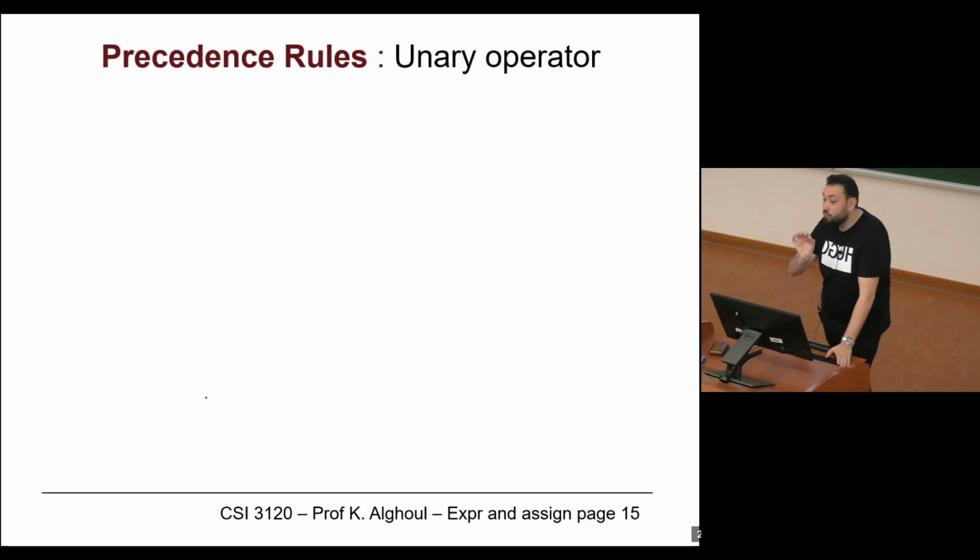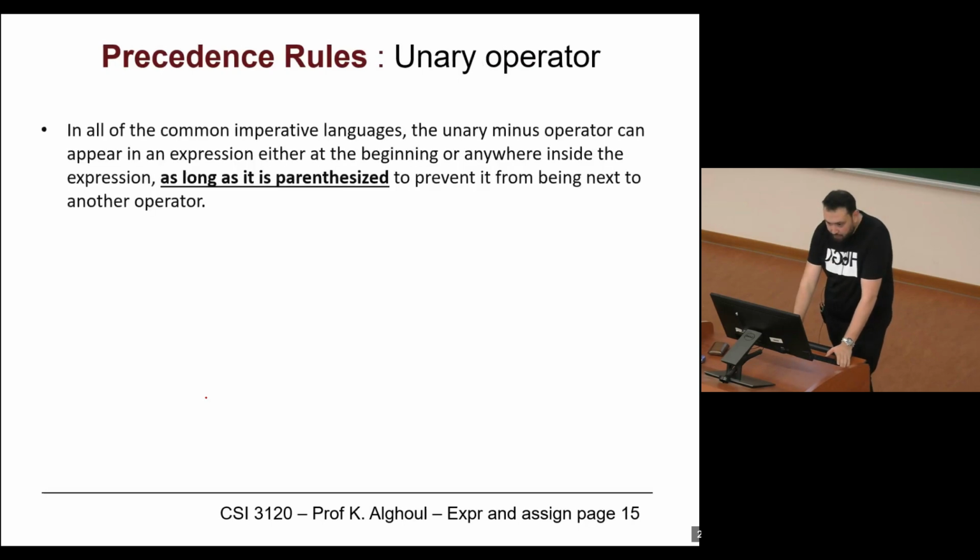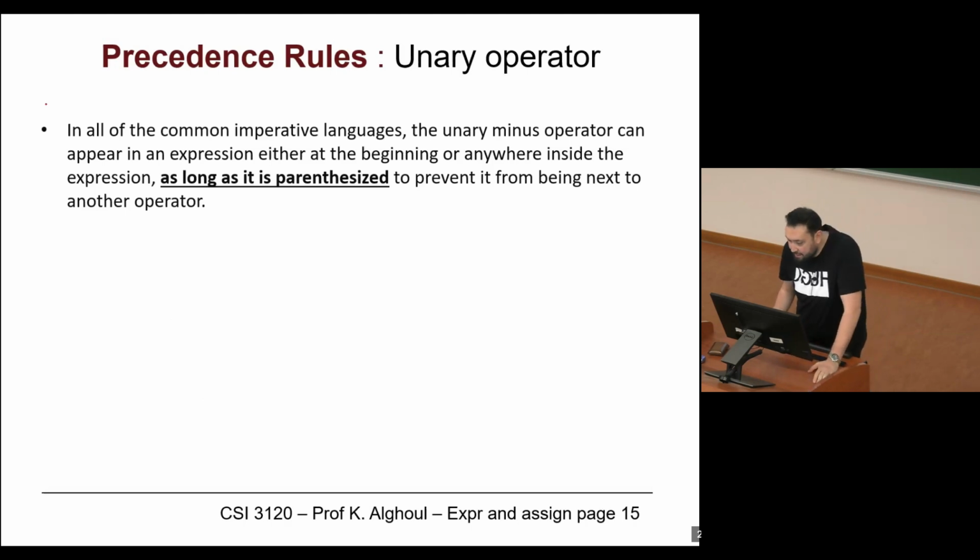Now, when it comes to unary operators, in all of the common imperative languages, the unary minus operator can appear in an expression either at the beginning or anywhere inside the expression. So if I have this minus A plus B, I don't need parentheses here if it's in the beginning.